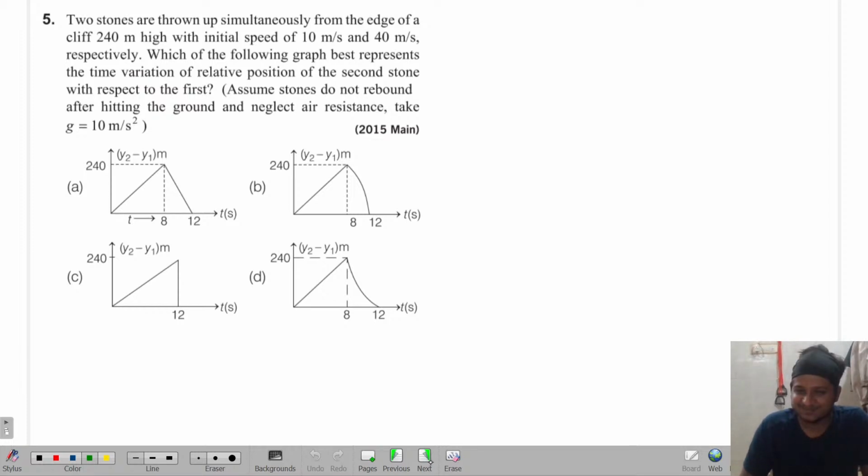Now here comes the best question on graphical analysis till now in JEE Mains history. Think about this question.